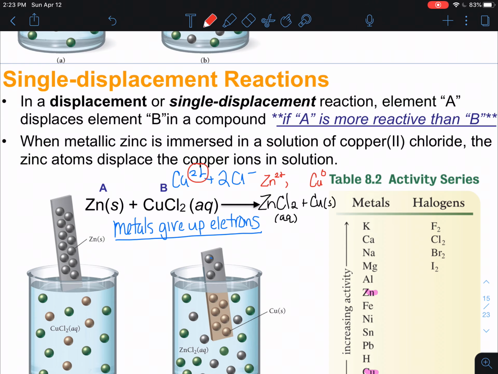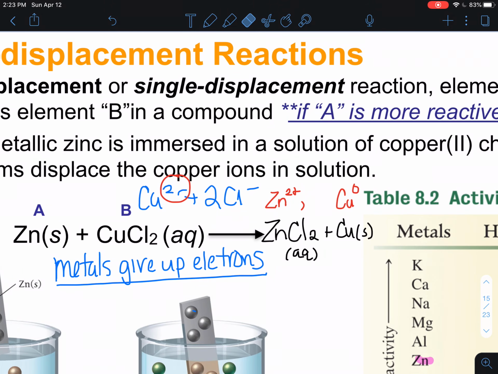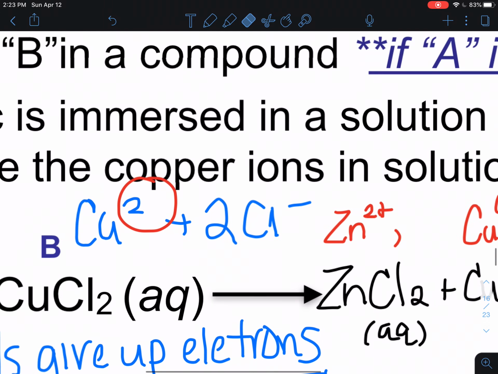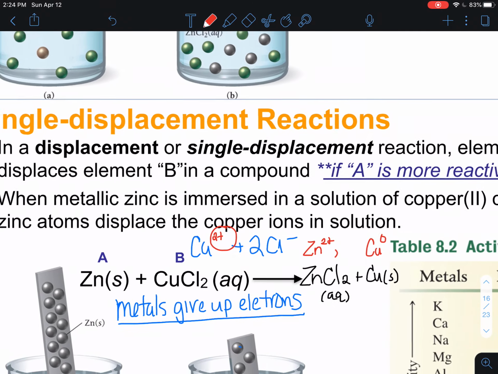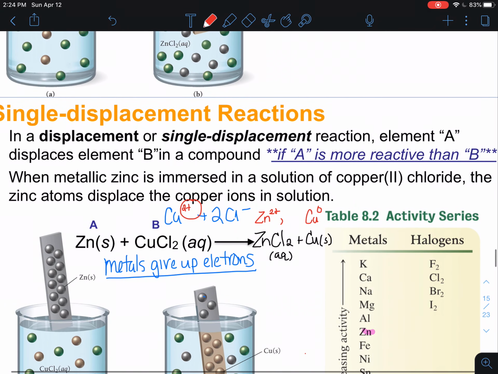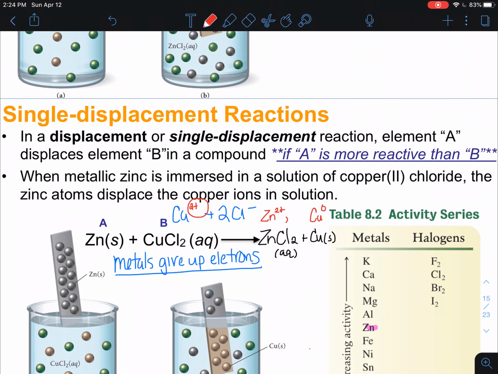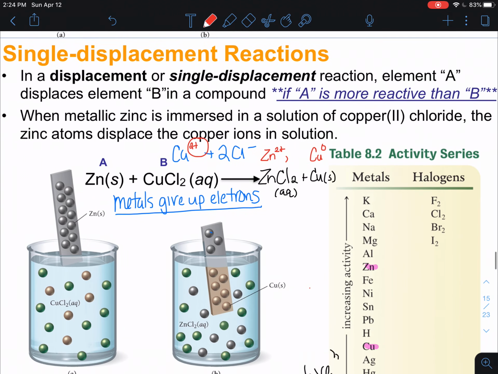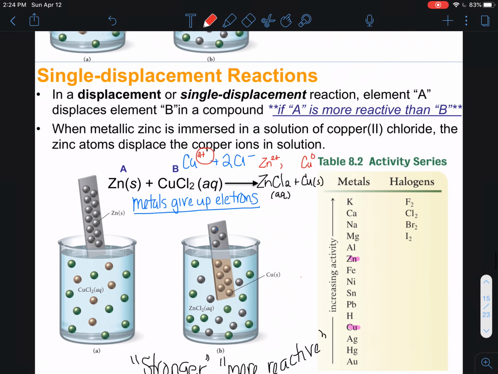Because copper was a 2+ at the beginning. But since a more reactive metal came up, that more reactive metal displaced copper. Okay, so that's how we use the reactivity series.